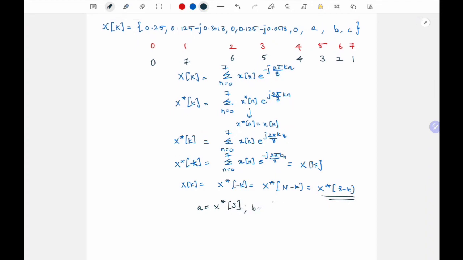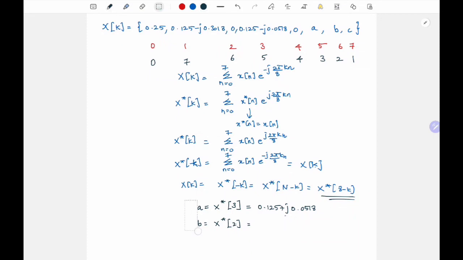So this is nothing but, my 3 is here, 0.125 plus j 0.0518. And my B, okay, I'll write this out to give you clarity.